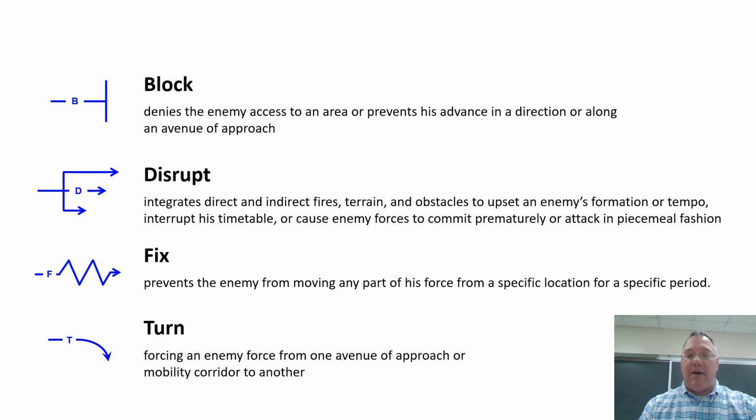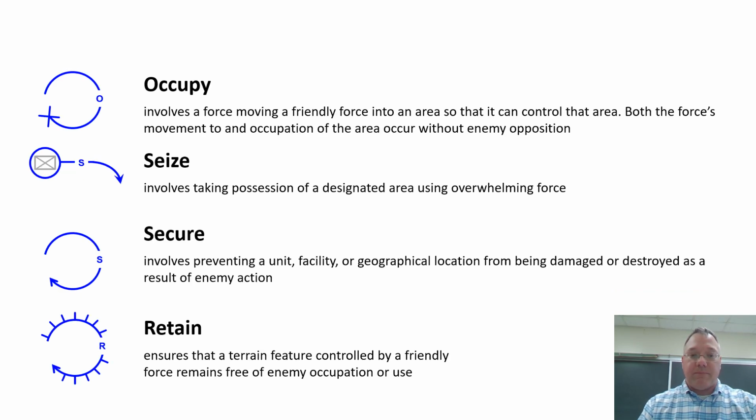So fixing is all about keeping them in one spot on the ground. And then a turn is where we want to get them to not only not use the avenue of approach they're on, but move to another one. We want to send them off in another direction and force them to go the way that we want them to go. So we turn them into a different route than they were originally coming down.